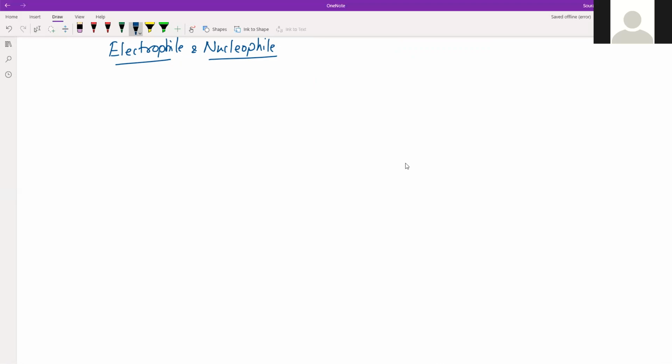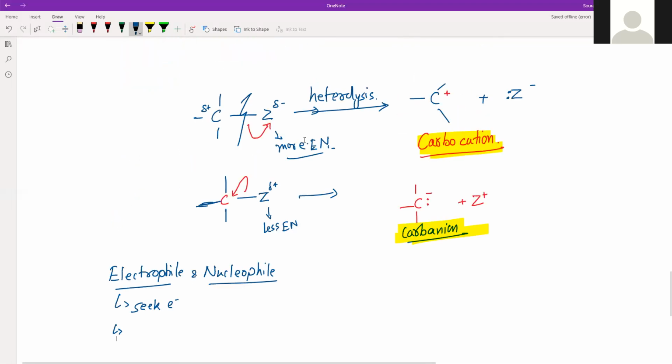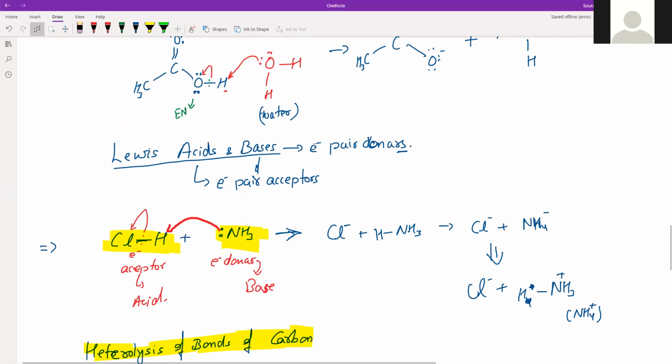Right? So to summarize, electrophiles are reagents which seek electrons so as to achieve a stable shell of electrons like that of a noble gas. Obviously, we have studied Lewis acid and Lewis base. In that we said the one which is an electron donor is the base. An electron donor will not love electrons. The one which is an electron acceptor is the Lewis acid.